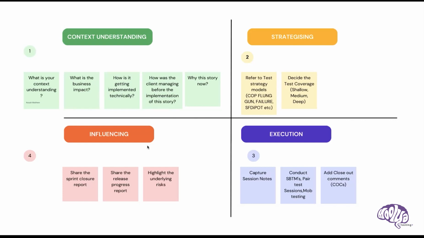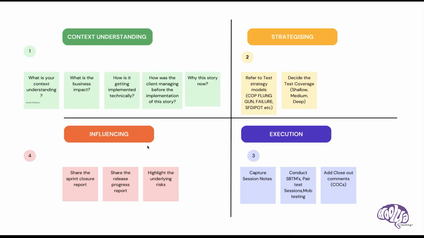So we capture those tests, and then we decide on what kind of coverage we want to do in this particular user story. In our project, we defined it as shallow, medium, and deep coverage. Shallow coverage would be something like a user story which has acceptance criteria, and I'm testing just the acceptance criteria. That is shallow coverage.